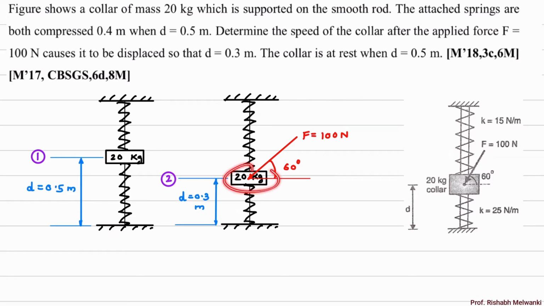And at position 2 we have to determine what is the speed of the collar. Now collar is at rest when D is equal to 0.5 meter. So in the first diagram, initial velocity V1 is 0. But because of application of force, we have some value of V2 and that value is asked in this question.